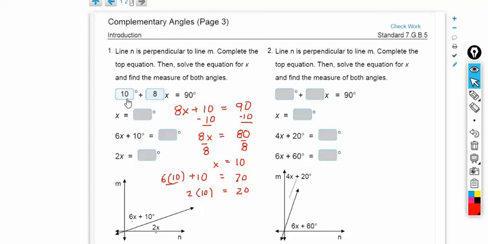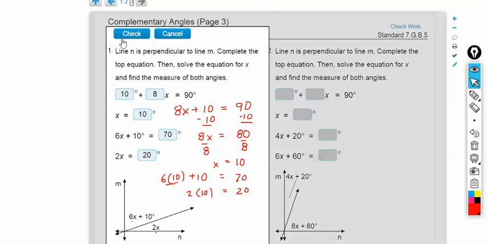But you know the 8 goes with the x, and this one doesn't have a letter, so you know the number by itself goes here. We said that x equals 10, 6 times 10 plus 10 was 70, and 2x was 20. Check that.